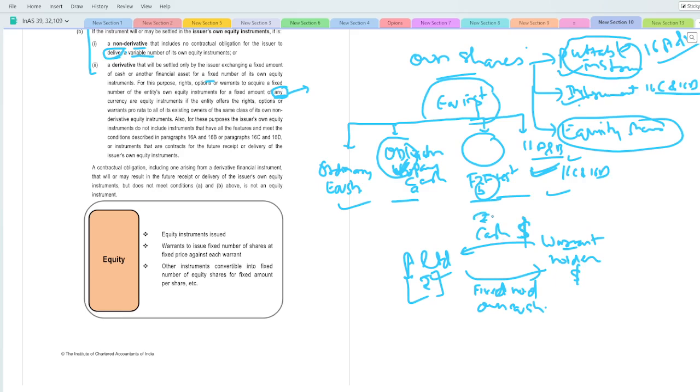And when you convert into rupee, it will get fluctuated, because whatever the spot rate is, at the spot rate you will be converting the dollar into rupee. So if you think from the rupee point of view in the cash, then it will be fluctuating. So it is not fixed.